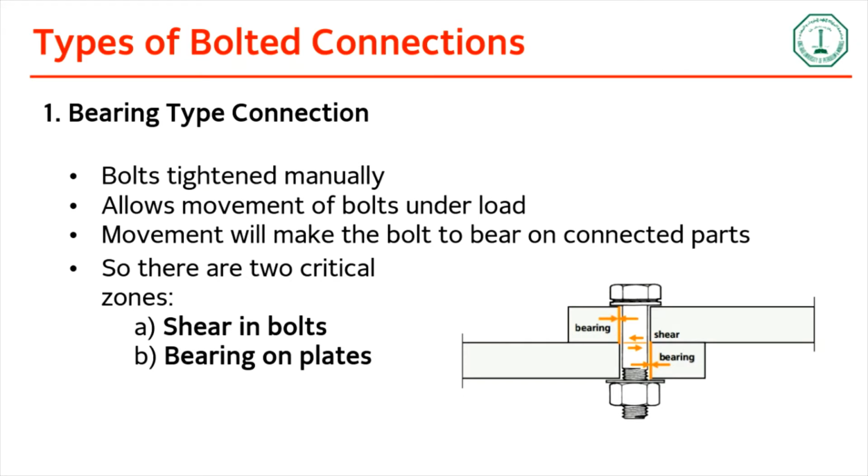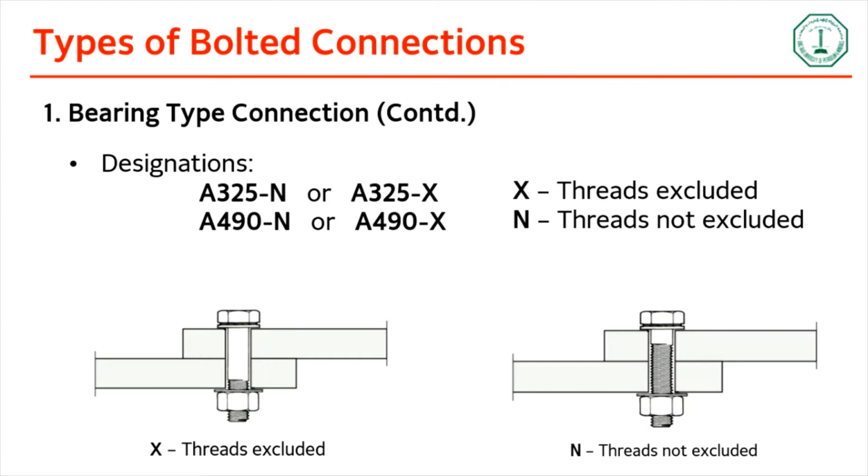Now as we go ahead, we see that within bearing there are two designations: A325N or A325X, and A490X and A490N. The 325 and 490 relate to the strength, while N and X mean threads are excluded or not.